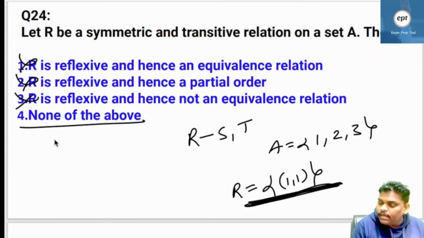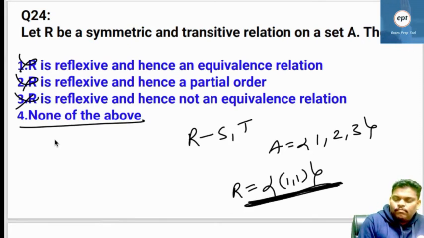R is a symmetric and transitive relation on set A, then R is reflexive. Am I right or not?